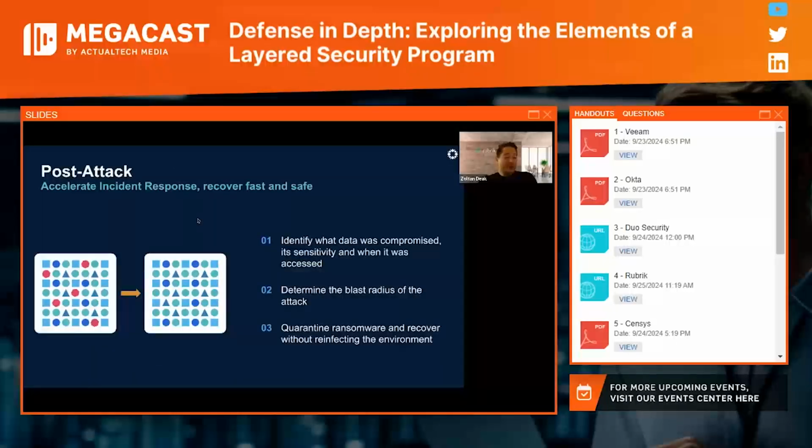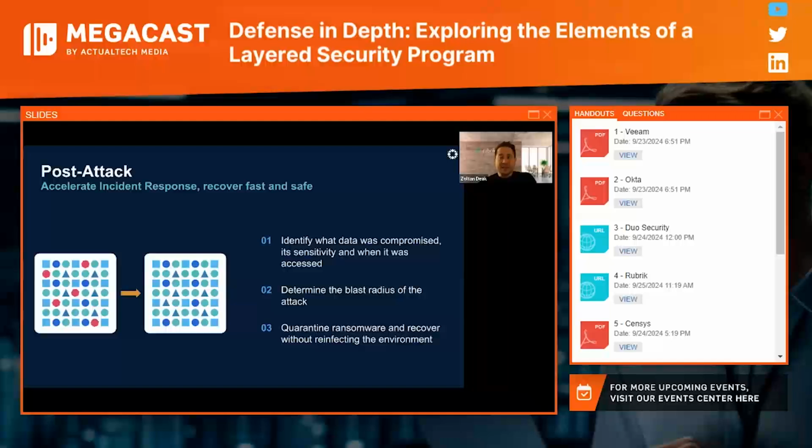And so, of course, after an attack, we want to be able to recover as quickly and safely as possible without reinfecting the environment. When it comes to recovering from a cyber attack, every second counts. So the faster you can recover, the less your business is impacted. And the good news is we generally know the things we need to accomplish to be able to recover.